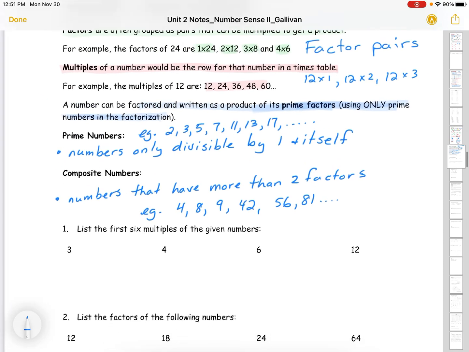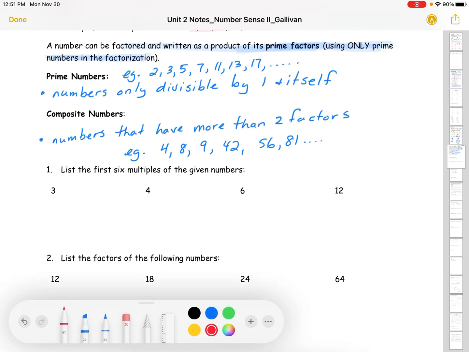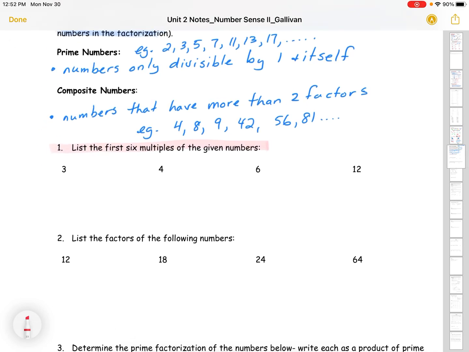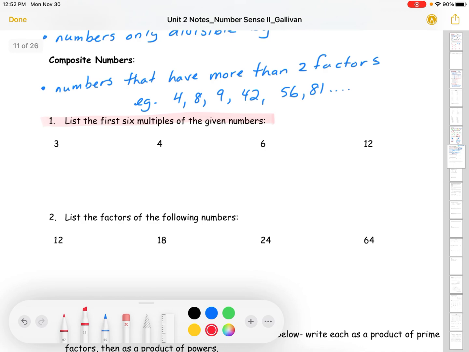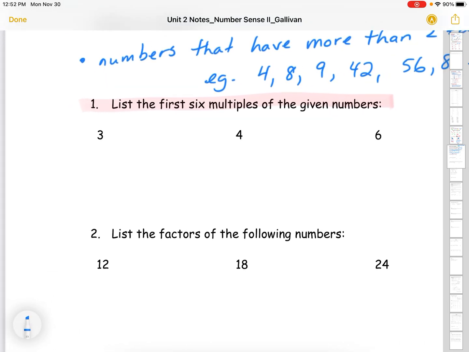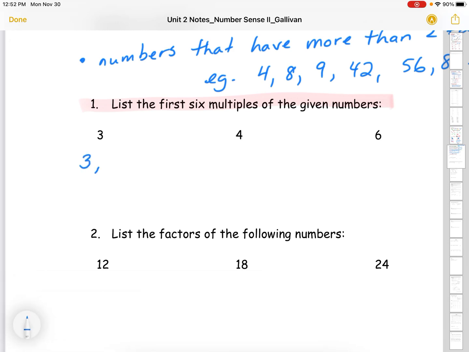So let's deal with multiples. Here it says, just to review, list the first 6 multiples of the given number. So the first 6 multiples of 3: 3 times 1 is 3.